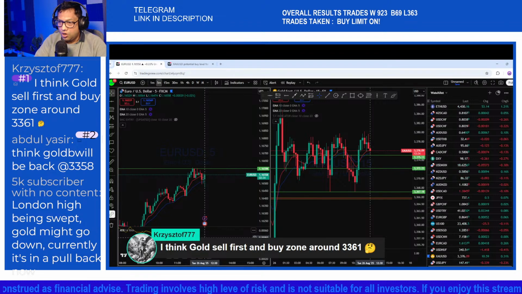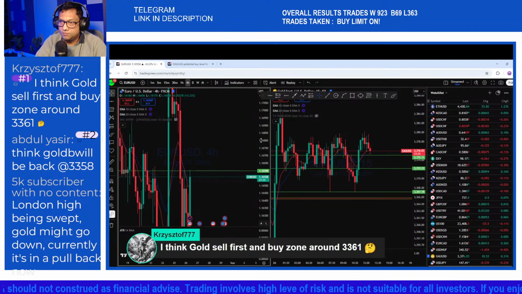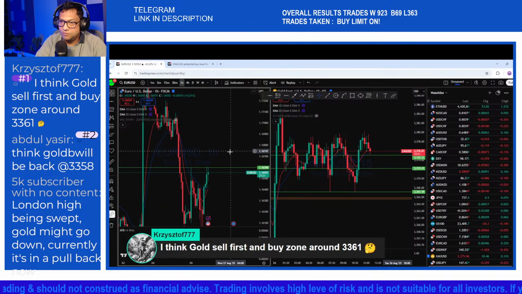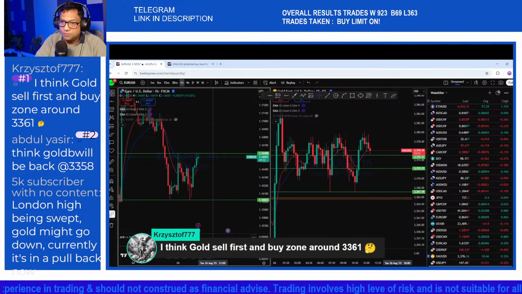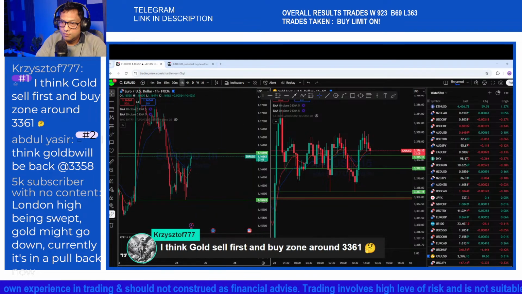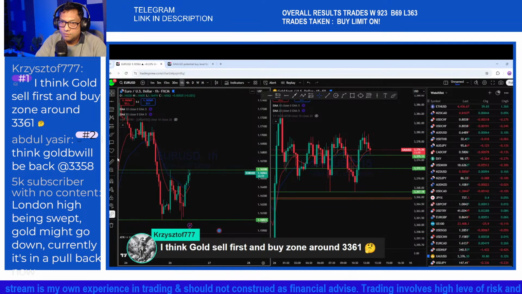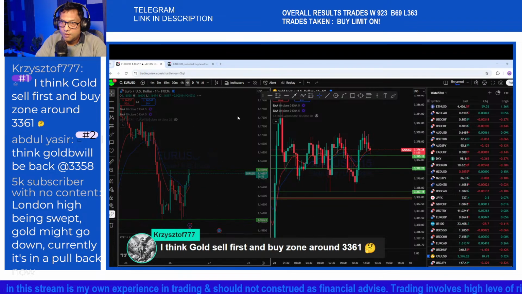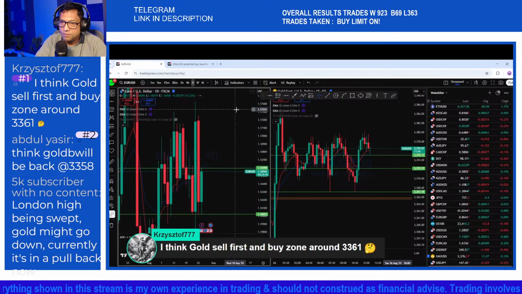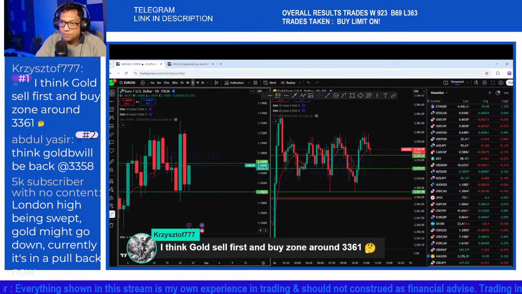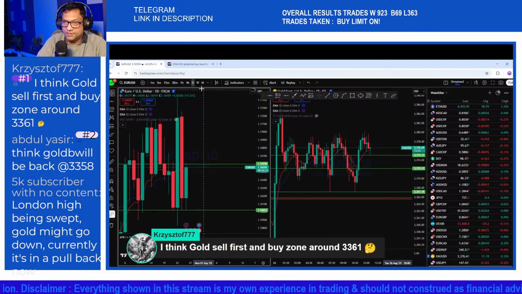So here's the move here on euro dollar, which is 5 pip ATR on the 5-minute chart, where you can see euro dollar potentially to test that level.